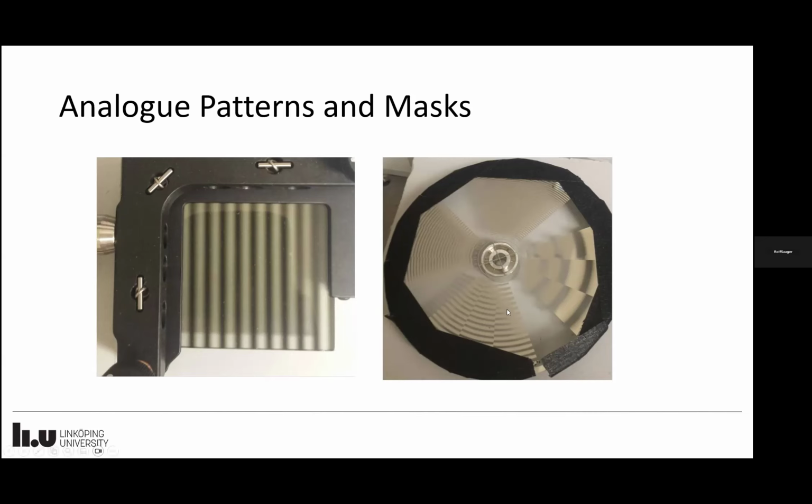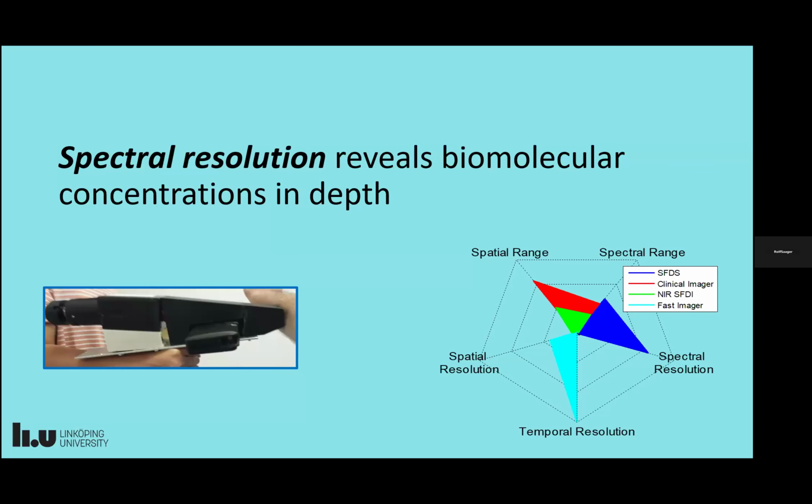There was a group out of Colorado that would actually put these masks on spinning discs. So you can have here 3 or 4 different spatial frequencies, 3 different phases each, and just spin it as fast as it can. As long as you're synchronized, you can then get very fast acquisitions, multiple frequencies, multiple phases at the same time. So there's these types of methods on there.